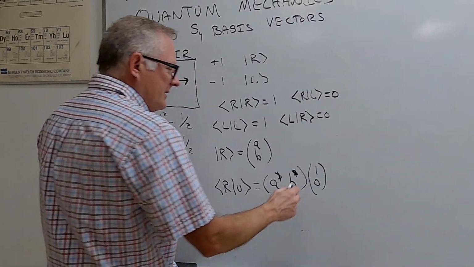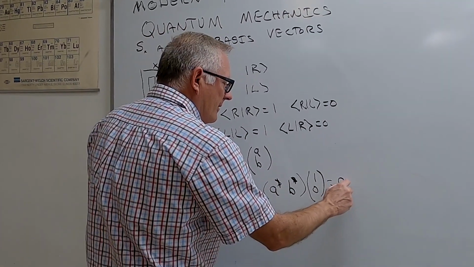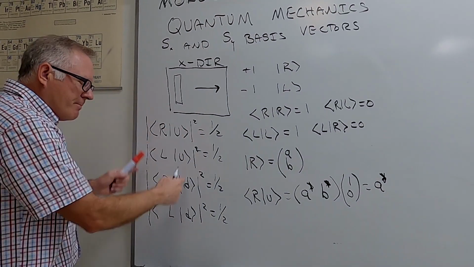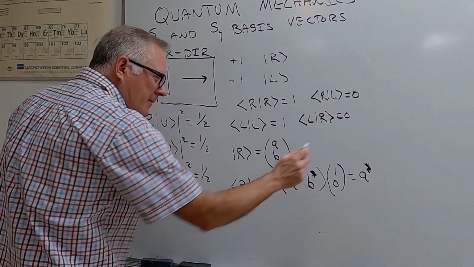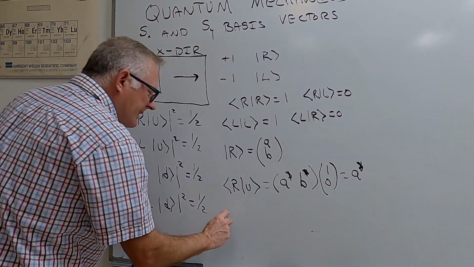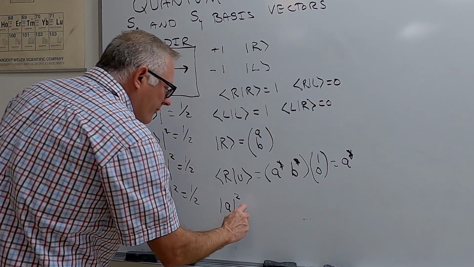And so this just gives me A star plus 0, A star. But we want to take the magnitude of it, which is A star times A, which is A squared, and that equals 1/2.